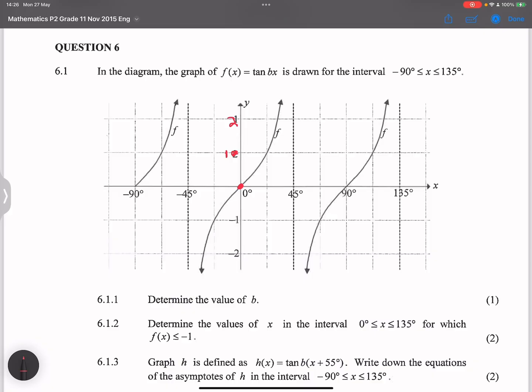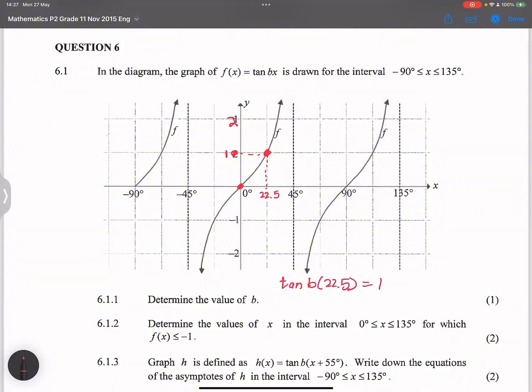But what we can do to determine that value, we can say, well, let's choose any point, right? And I can choose actually this point here. Notice it is halfway between 0 and 45. So this would be 22.5. Right, and what's the corresponding y value? It is 1. So meaning that tan of b times 22.5 will be equal to 1.